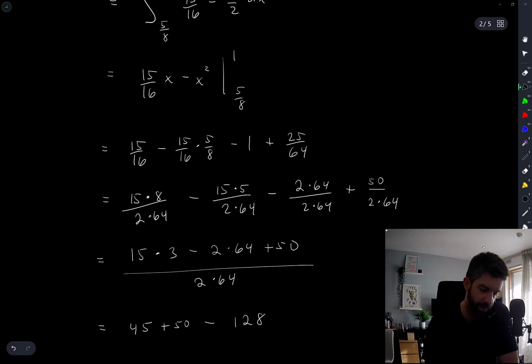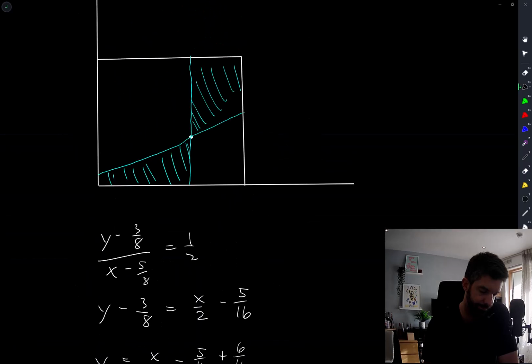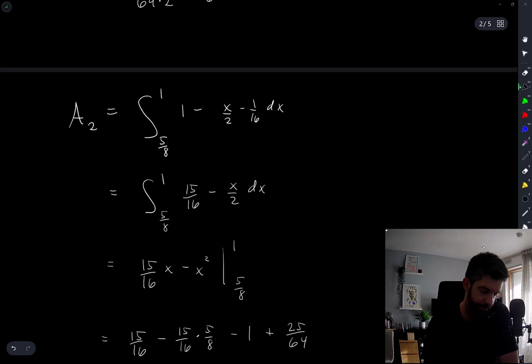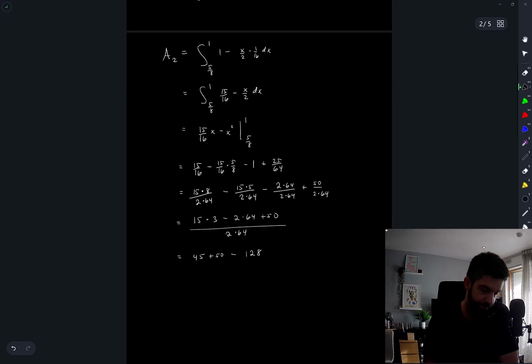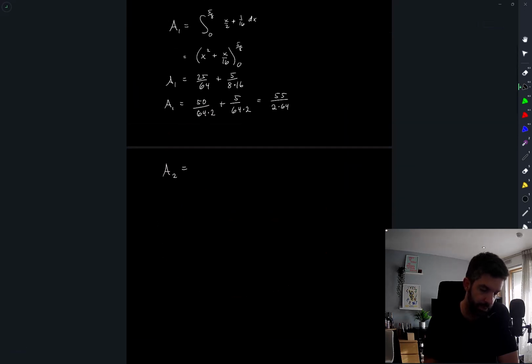I've done something wrong here and I can't even find my arithmetic mistake, because this A2 should still be positive.